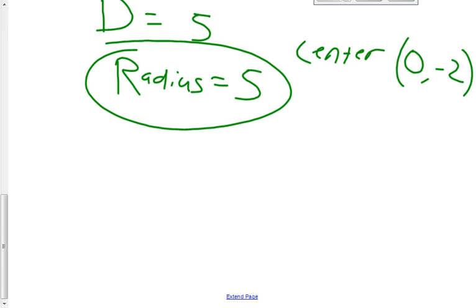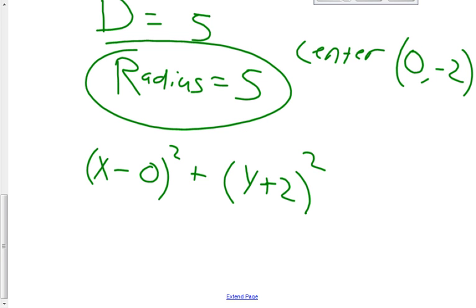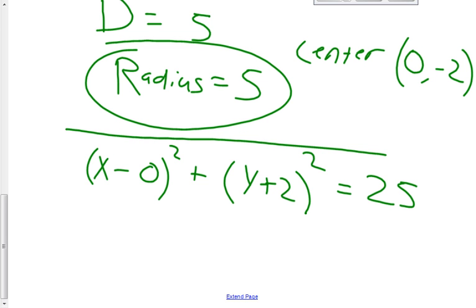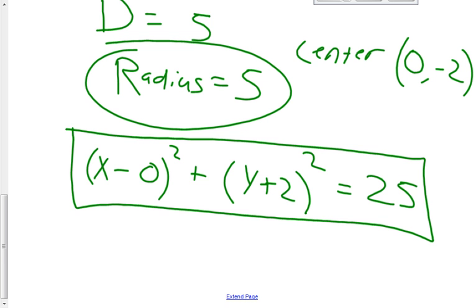And now you can say it is x minus h, so x minus 0 quantity squared, plus y minus k, which k is a -2, so y minus a -2, so it'd be y plus 2, that quantity squared, equals the radius squared, which is 25. 5 squared is 25. Here is your answer.